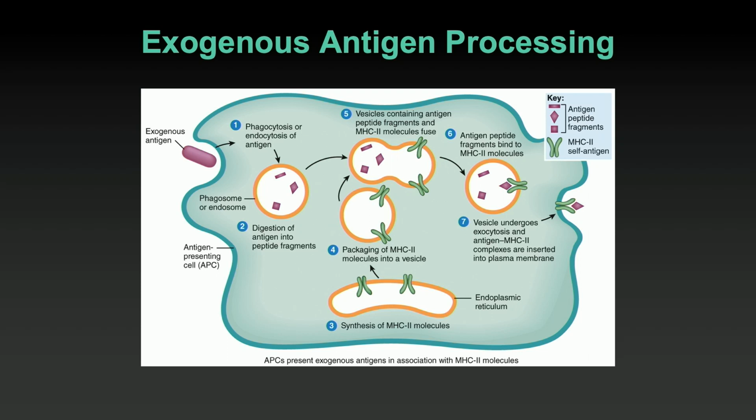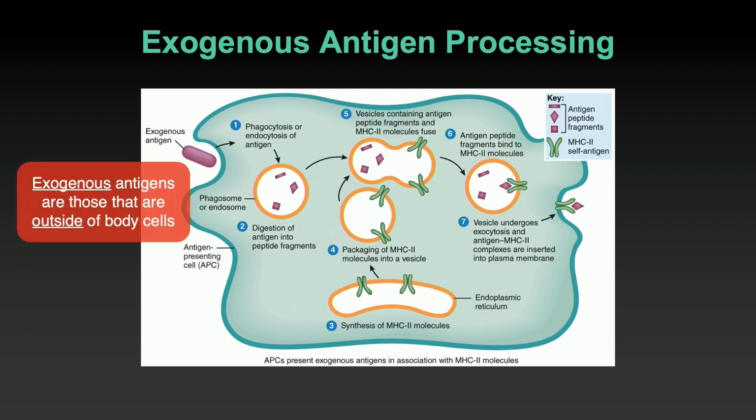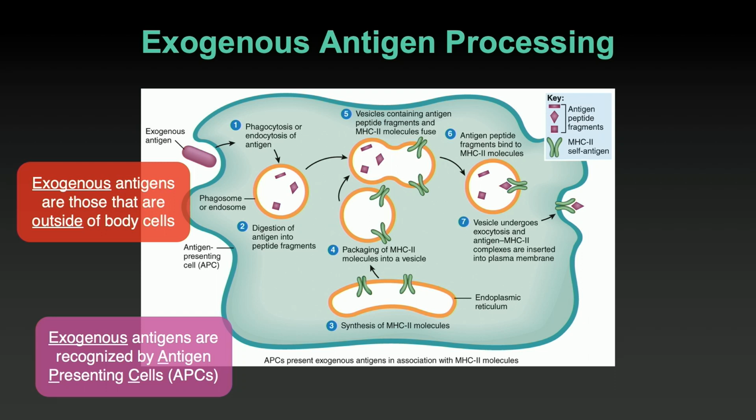We want to also invoke cell-mediated immunity, and so to do that, we can take any of these circulating antigens, exogenous antigens, which simply means outside of the cell, and eat them. We have specialized cells whose job it is to ingest and digest these circulating microbes. And these circulating cells are called antigen-presenting cells.